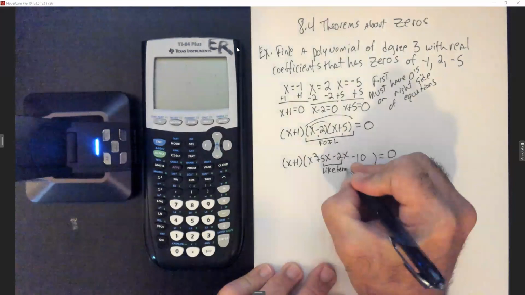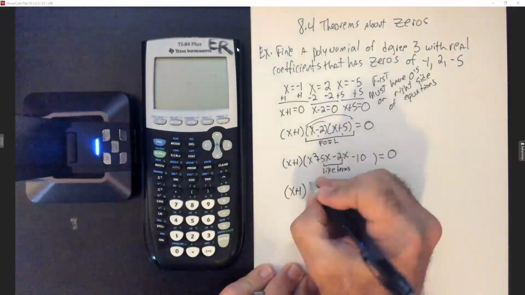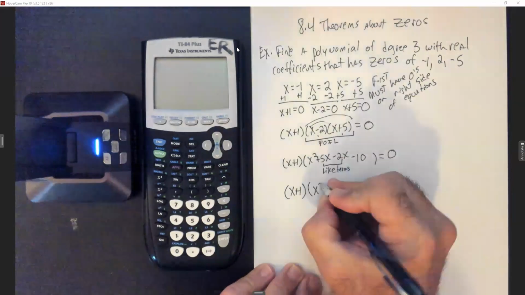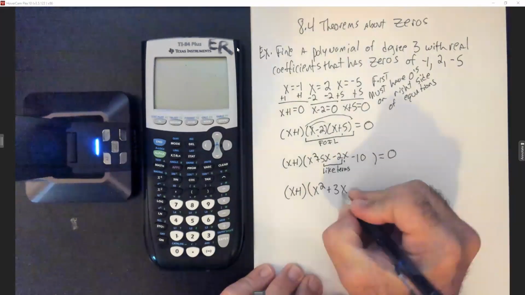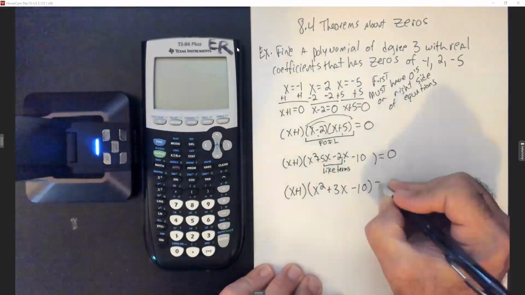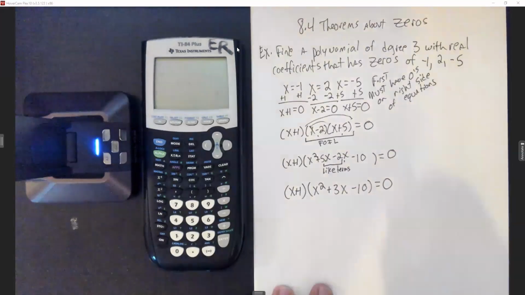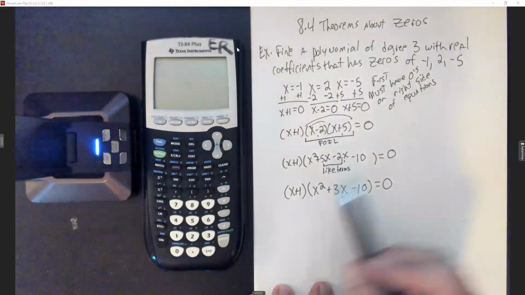So I'm going to bring down that x plus 1. Let's add like terms. So I bring my x squared down. 5x and -2x is going to make a 3x. Bring down the -10. All this equal to 0. Now you could have taken this and done side work, figured out what that equaled, and then put it back in, okay?